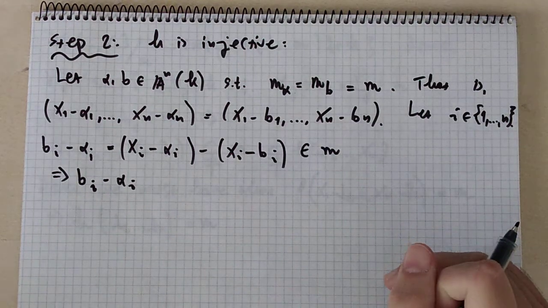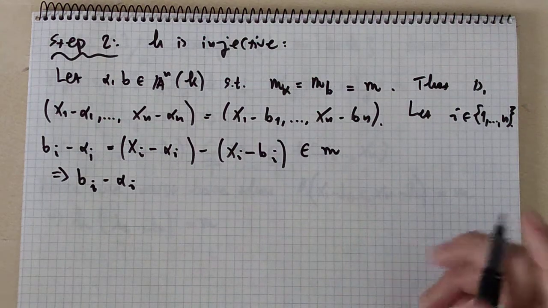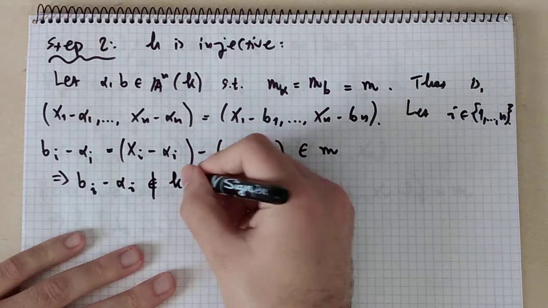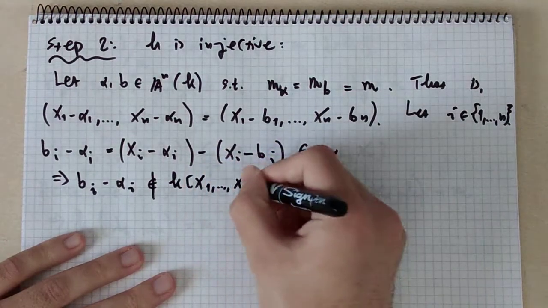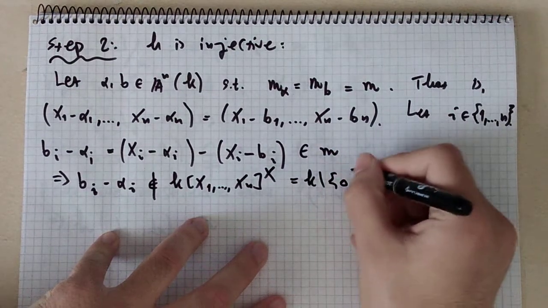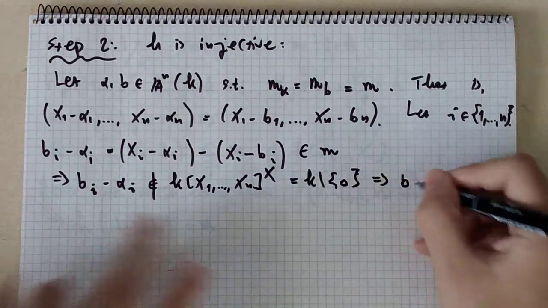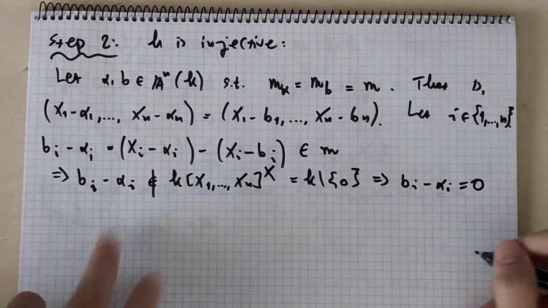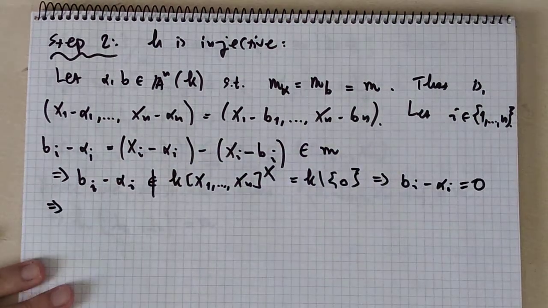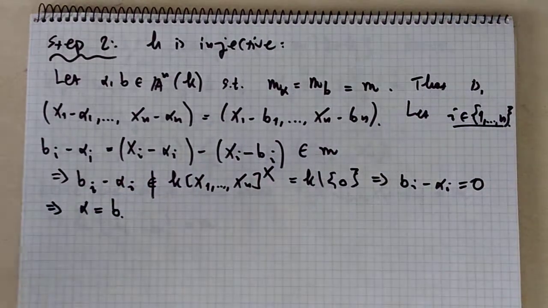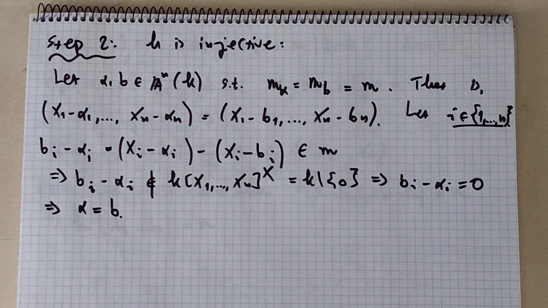But since M is maximal, that cannot be the case. Which means that bi minus alpha i cannot live in the units of this polynomial ring. But this is just K without zero, right? Which means that bi minus alpha i has to be 0, right? And since this is true for every i, we prove that a is equal to b, which of course proves that H is injective.